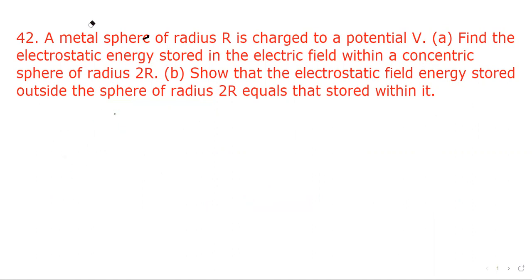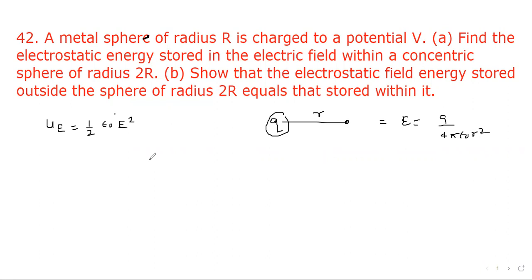Now, for that purpose, we consider energy density. UE is given by 1 by 2 epsilon naught E square. And we know that charge Q is contained here, and we want to find out electric field at distance r. So it is given by E equal to Q upon 4 pi epsilon naught r square.